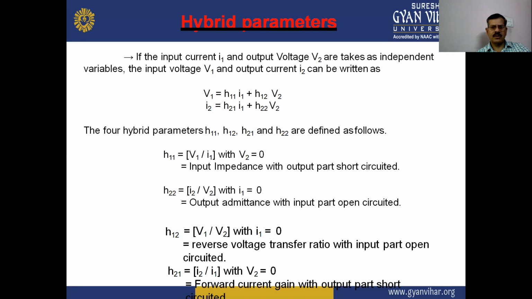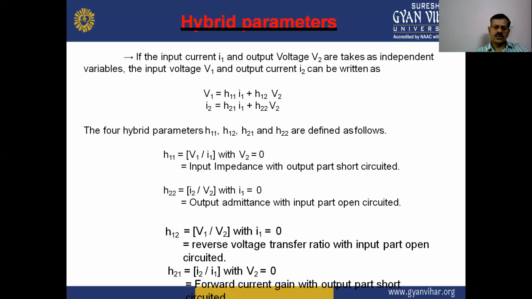H11 equal to V1 upon I1 when V2 equal to 0, or equal to input impedance with output port short circuit. So this is the H11. Next, H22 equal to I2 upon V2 with I1 equal to 0, or H22 means output admittance with input port open circuit. Next, H12 equal to V1 upon V2 with I1 equal to 0, and also H12 equal to reverse voltage transfer ratio with input port open circuit.